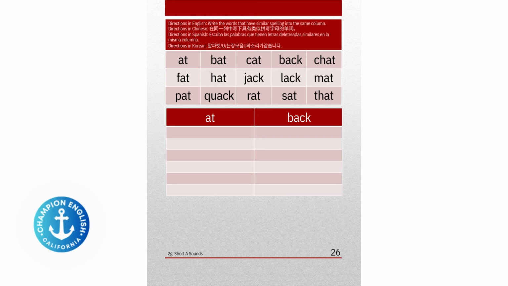Hello, students. This time I want you to put the right word in the right column. You're going to put the words with "at" in one column and words that have the same ending as "back" in the other column. Can you say t? Those would go in the "at" column. Can you say k? Those would go in the "back" column. I'm going to give you maybe 30 seconds.